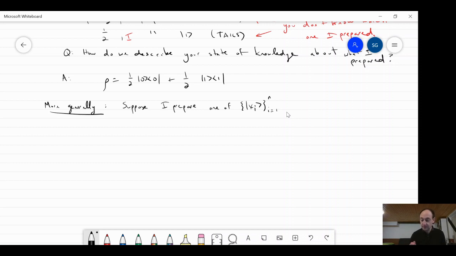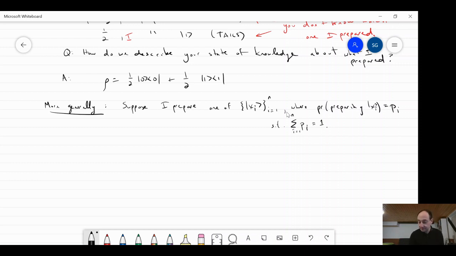Again, n has nothing to do with the dimension; you can prepare as many as you like. The probability of preparing psi i is some p i, and of course, if I sum up the probabilities from 1 up to n, they should sum to 1.